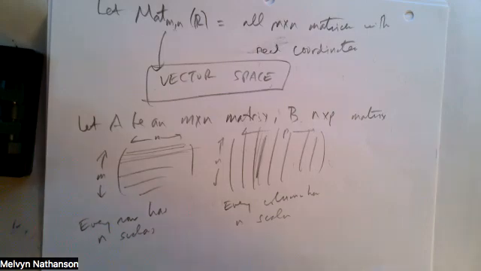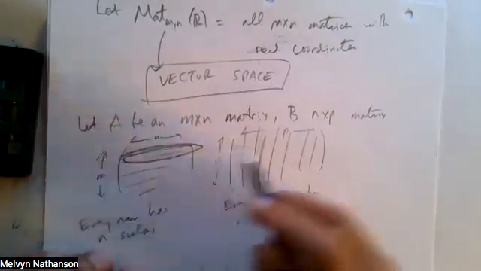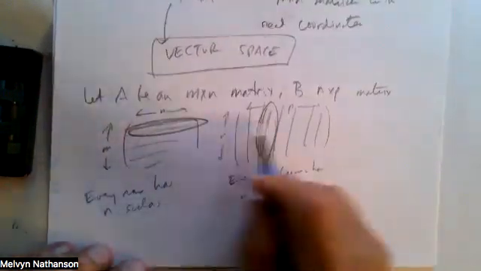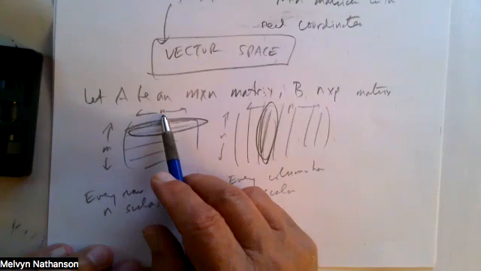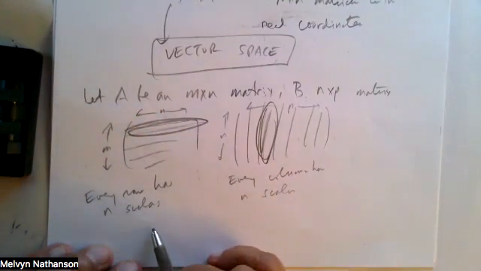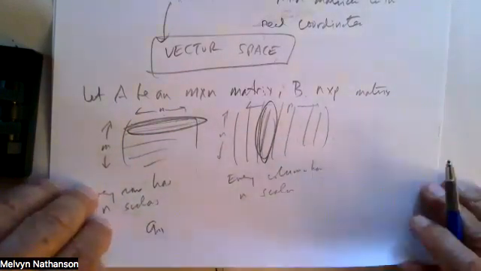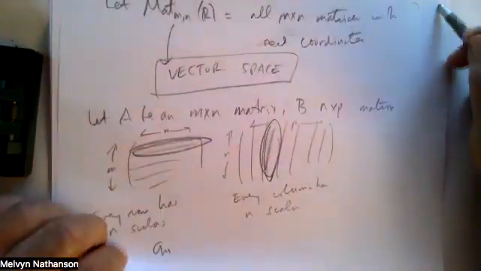Any questions about this? So suppose I take one row of A and one column of B. Let's say the coordinates of this are Aij. Let me do it on a bigger piece of paper, where I have some more room.